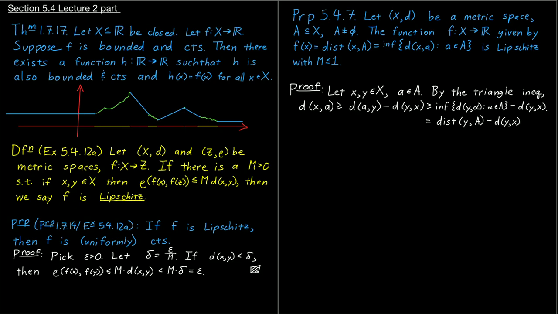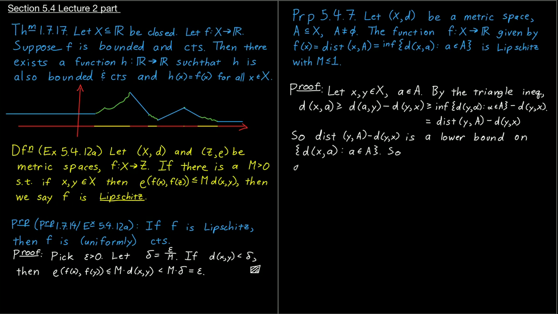So the conclusion is that this quantity, distance from y to A minus d(y,x), is less than the distance from x to a, where a was any element of A. So this is a lower bound on the set of all distances from x to a, such that a is in A.